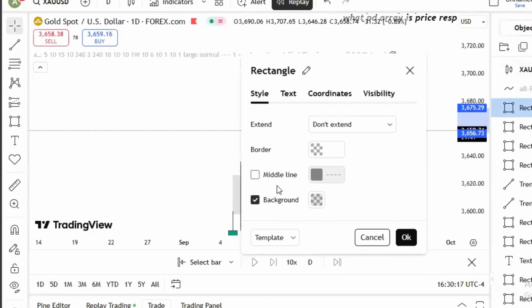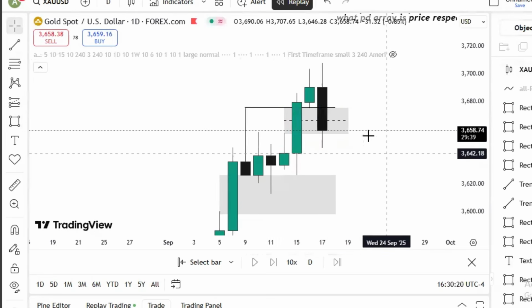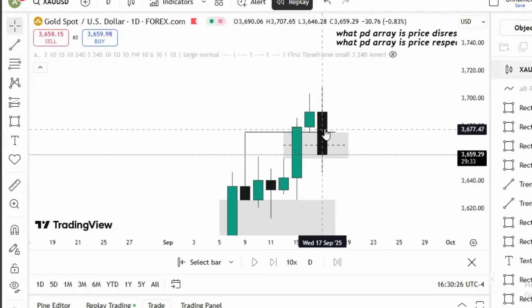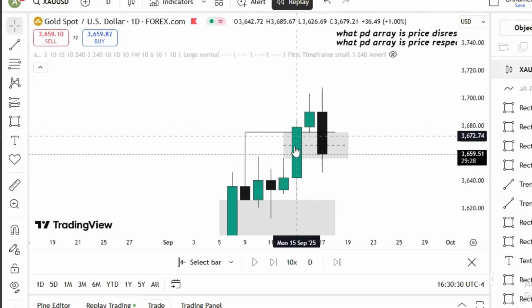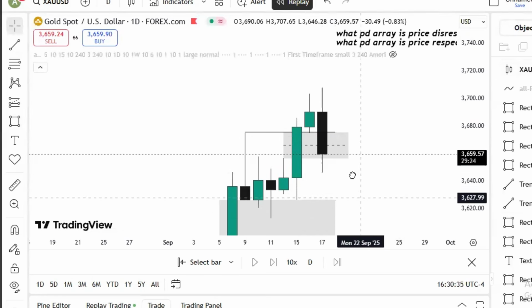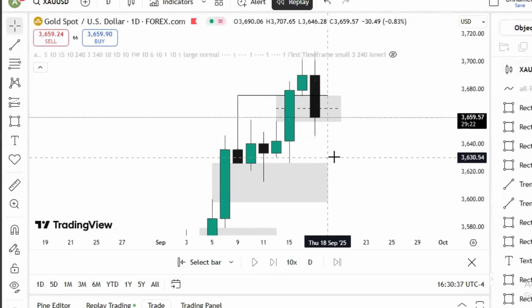But if price respects this level tomorrow, then we can focus on trading the third day, right? But if price fails to respect this level and it closes over, then you should know that price is reversing. And then the third day might go lower, maybe to this level.